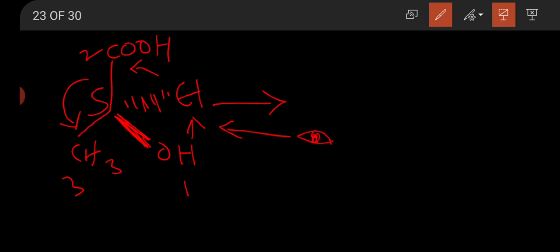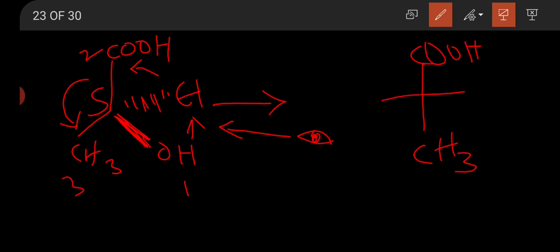Okay, by watching from here, he sees the molecule such that the top vertical bond is COOH, the bottom vertical bond is CH3, the hydrogen is on the right side and OH is on the left side.